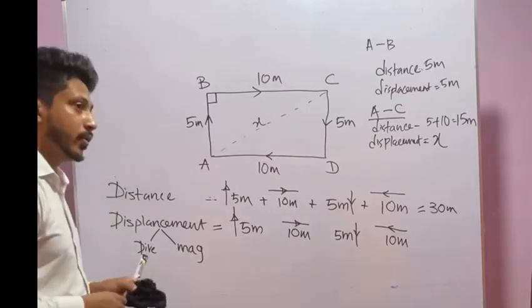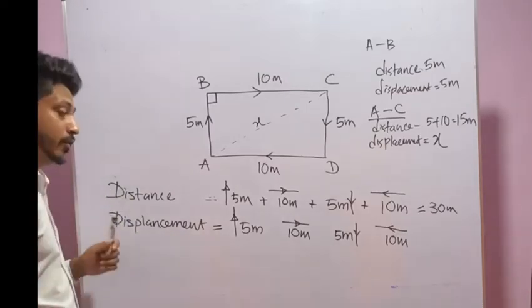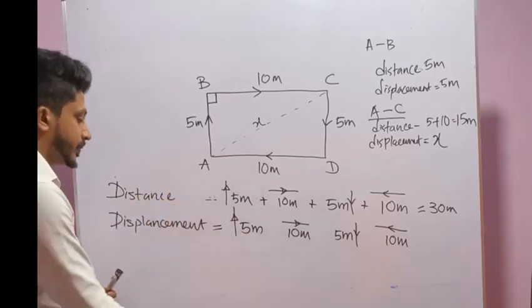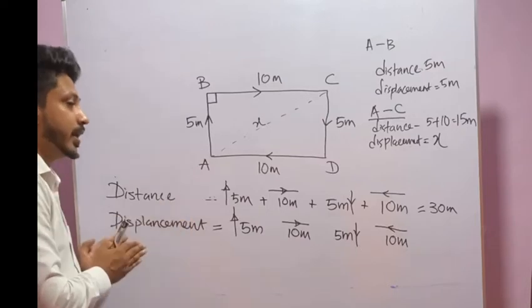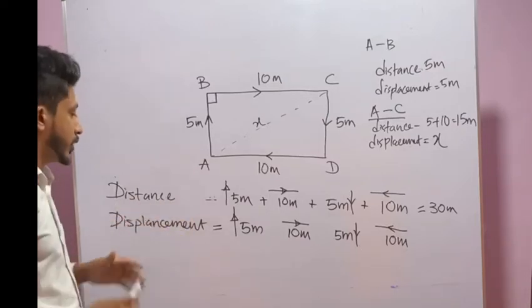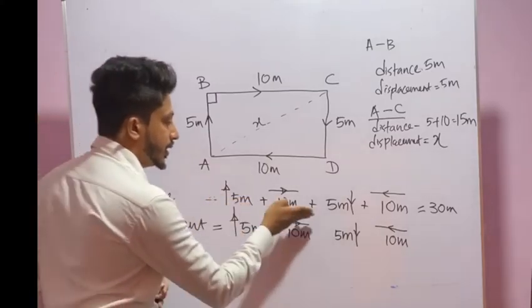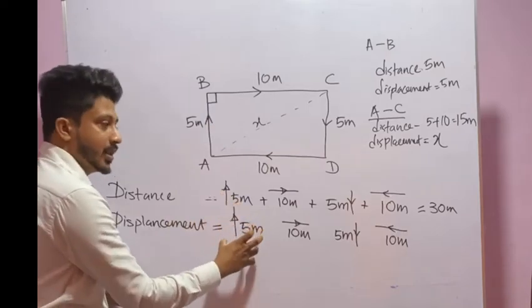So when we perform any mathematical operation on vector quantities, we have to consider both magnitude and direction, not only magnitude. So here this is direction, this is here, here, here. So we have to consider the direction.